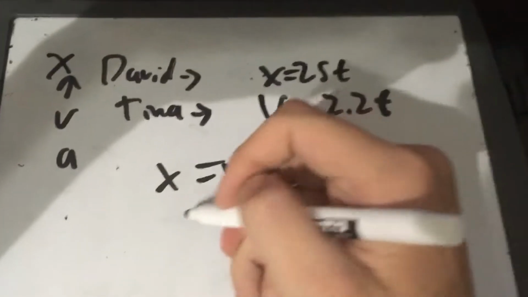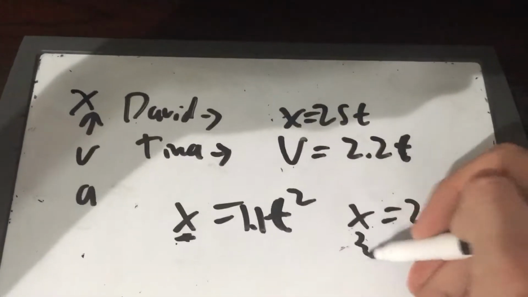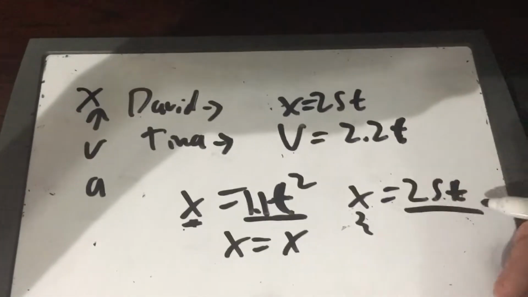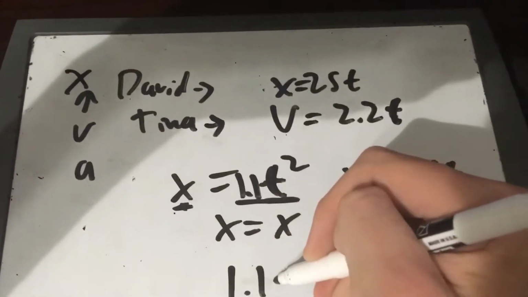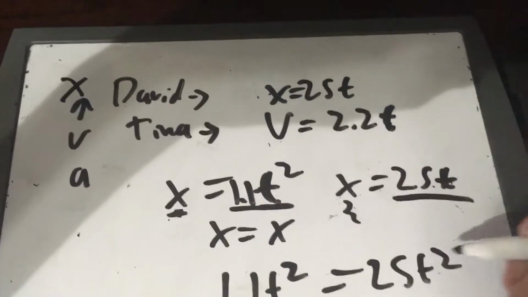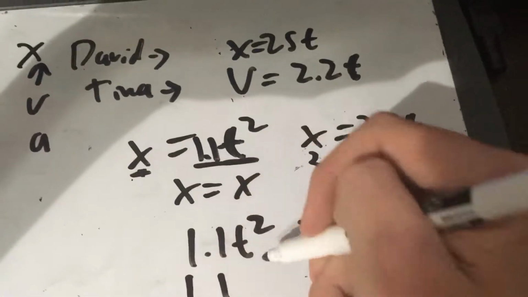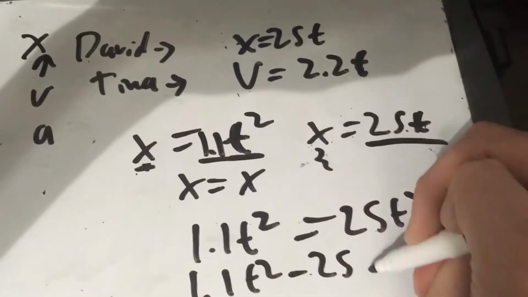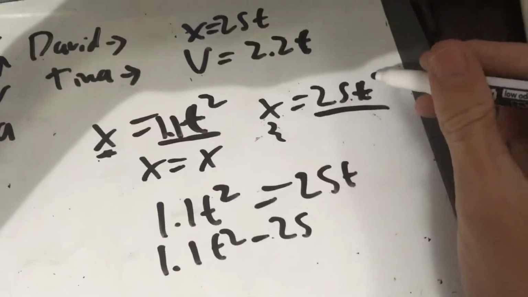We want to make this one equal this one. So if x equals x, that means that this equals this: 1.1 t squared equals 25t. So if we subtract it over, 1.1 t squared minus 25t equals 0. Oh, this is not squared. Bad, because there's no square here.